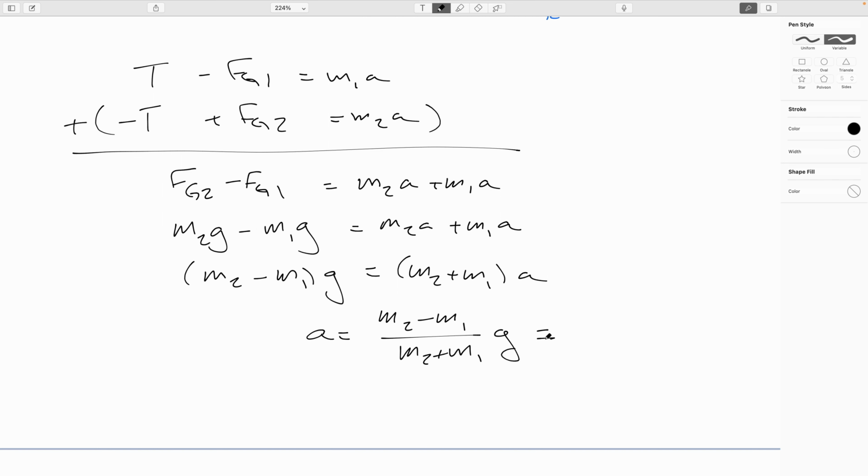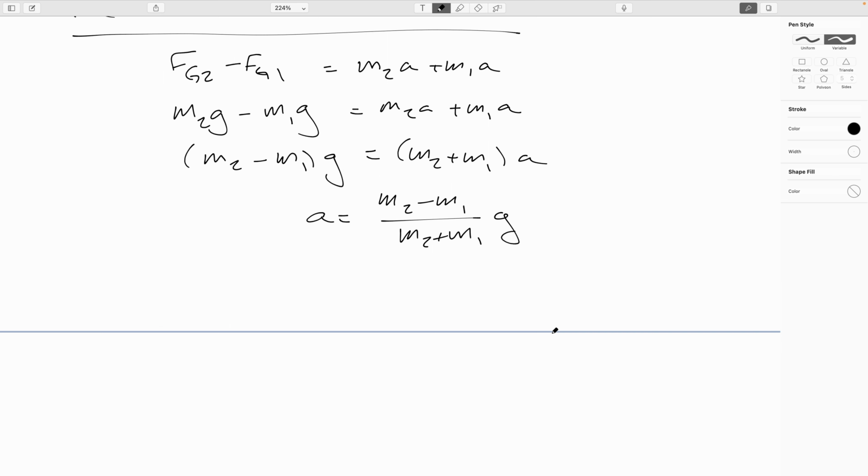All right. So we'll go ahead and stick in the numbers and see what we get. What we get is 0.2 kilograms minus 0.1 kilograms over 0.2 kilograms plus 0.1 kilograms, and g is 9.8 newtons per kilogram.